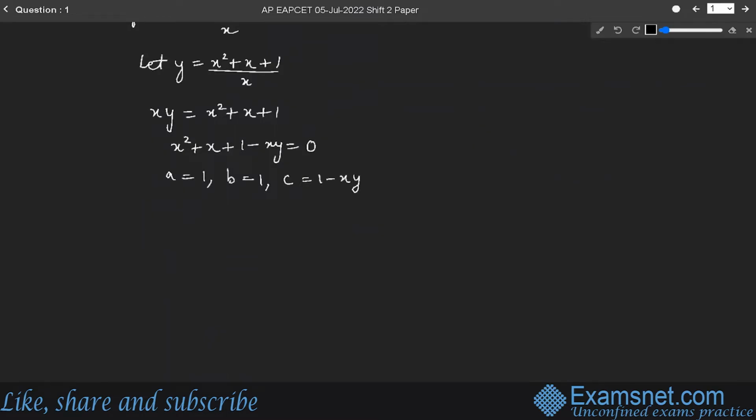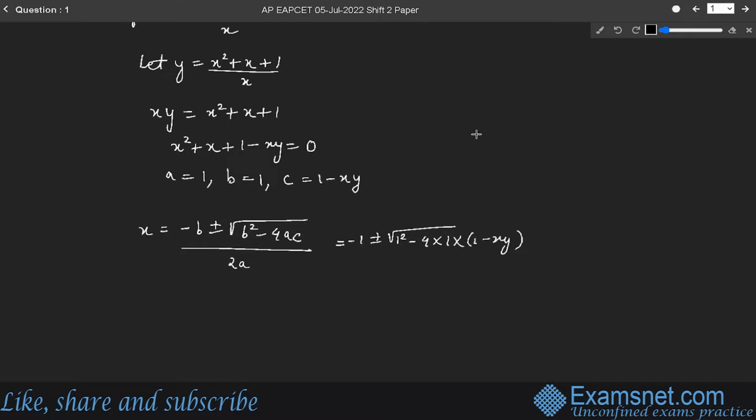So it will be x is equal to minus b plus minus under root of b square minus 4ac divided by 2a. On putting the values, this will be equal to minus 1 plus minus under root of 1 square minus 4 into 1 into 1 minus xy divided by 2 into a, which is 2 into 1. So it is 2.